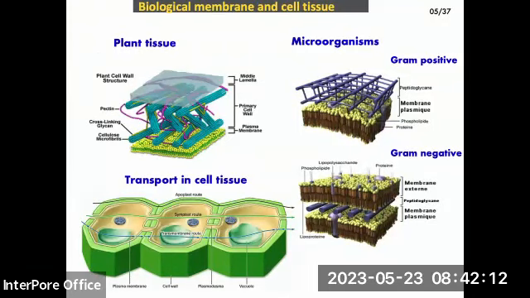Here you can see the schematic presentation of the transport in the cell tissue, which is intact. The apoplast transport, symplast transport, different routes.